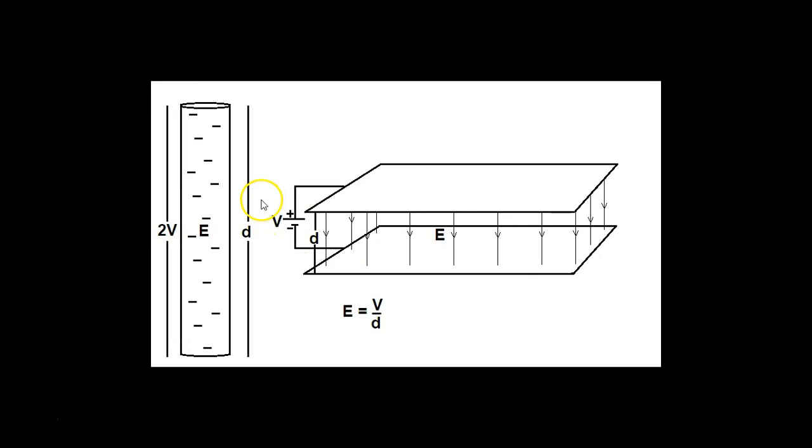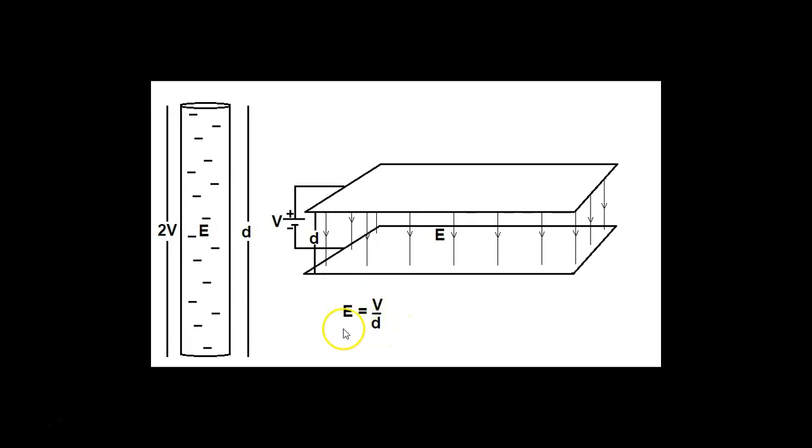Increasing the potential difference is going to strengthen the field. If we increase the distance, if the top plate went up here, this distance down here would be increased, which would decrease the intensity of the field.